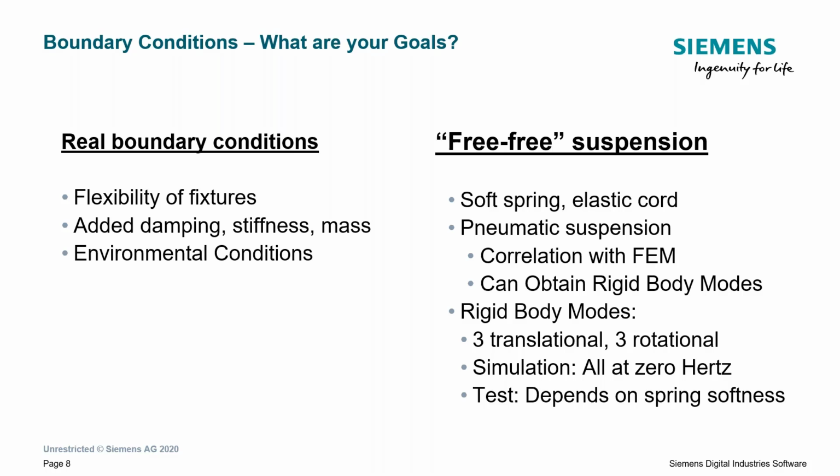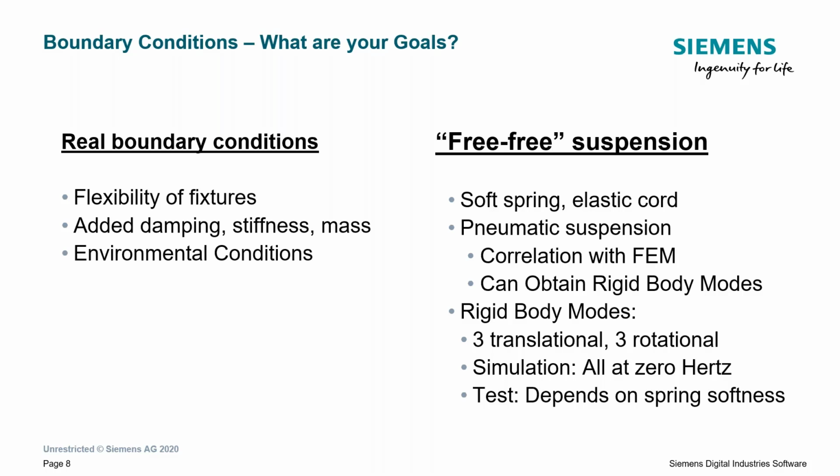We might have like an exhaust system, and if we took that exhaust system off the car, the boundary conditions would be different for that type of test if the exhaust system was just hanging on a hanger or from some bungees or something, as opposed to that exhaust system actually being bolted into the vehicle when it was sold or in a driving condition. And so those real boundary conditions would be the example for that exhaust system being bolted to the vehicle.